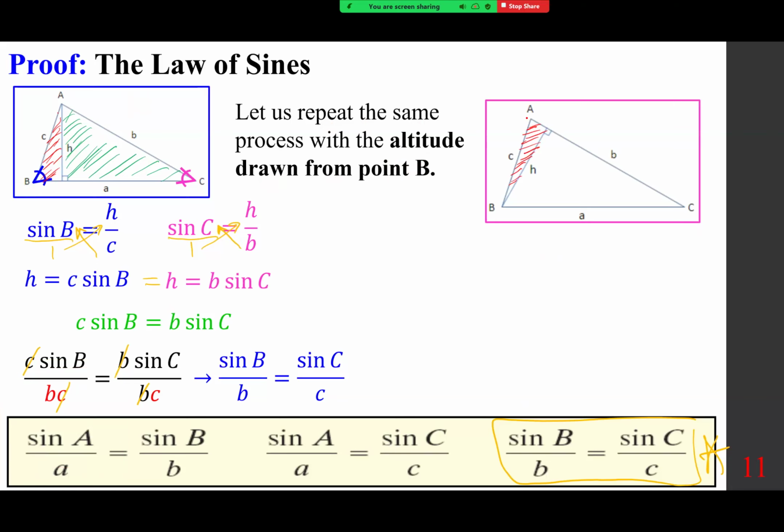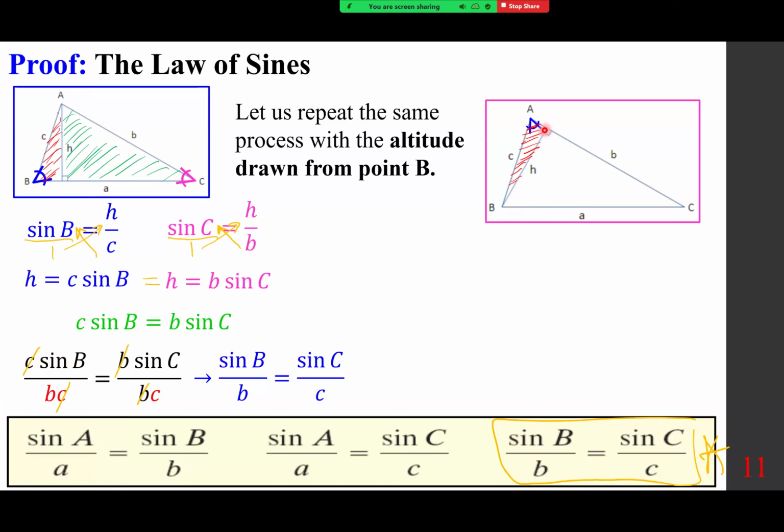If you look at this small triangle, and if you look at this angle, sine of this angle is the opposite over the hypotenuse.